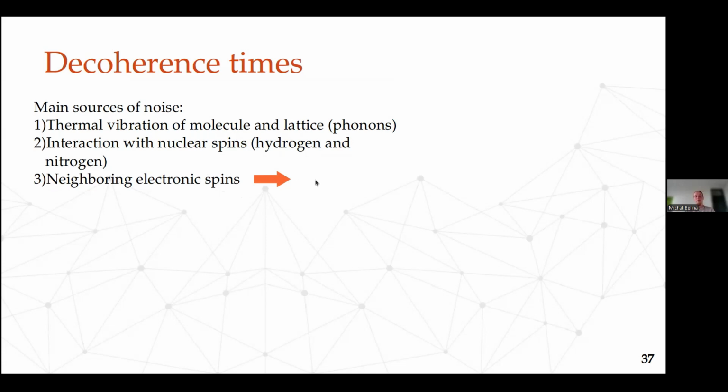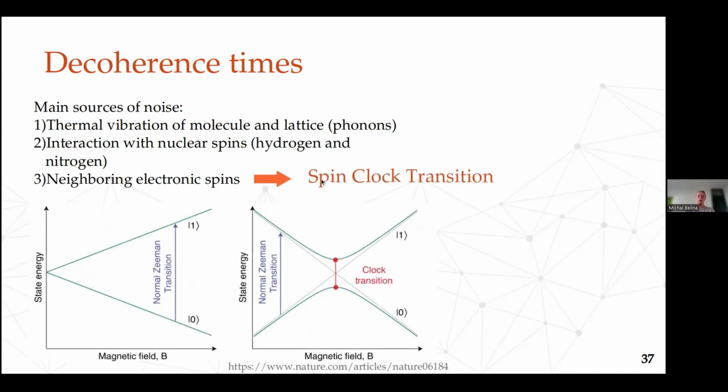And there is a nice way to counter this interaction, and it's called the spin clock transition. It's called a clock transition because it is used in atomic clock design. What you saw on the previous slide was the normal Zeeman transition, just normal splitting.